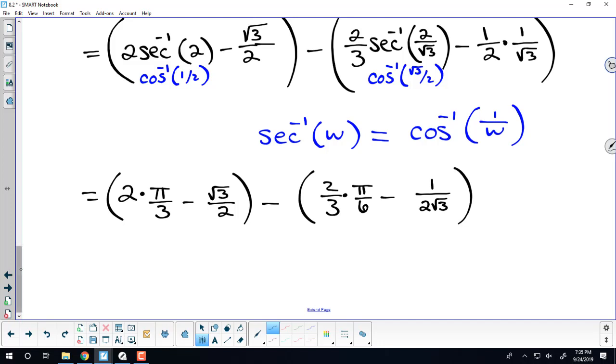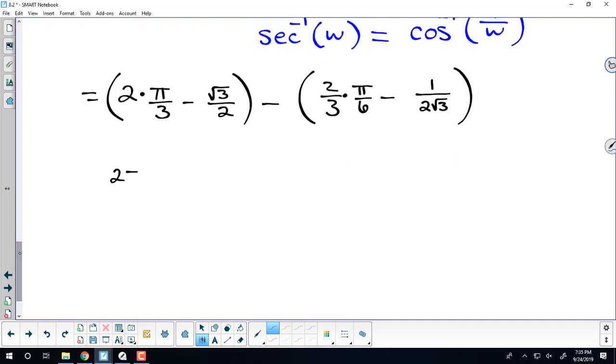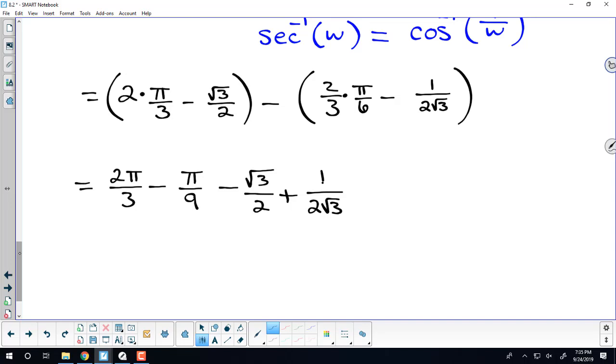So just combine our like terms, our pi's and our roots. We have pi over 3 minus pi over 9. And we have minus our root 3 over 2 plus our 1 over 2 root 3. We have 6 pi minus 1 pi is 5 pi over 9. This is going to be, what, 3 over 2 root 3.